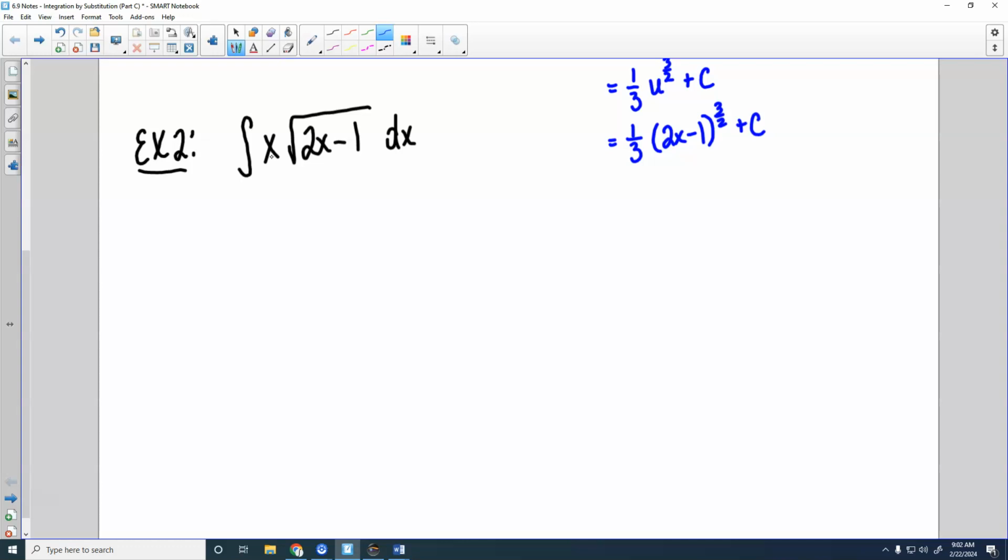So here's the problem with this, right? Pretty much the only choice I have for my u in this case is 2x minus 1, and therefore my du is 2 dx. And so I would still need to multiply by 2 on the inside and a 1/2 on the outside.